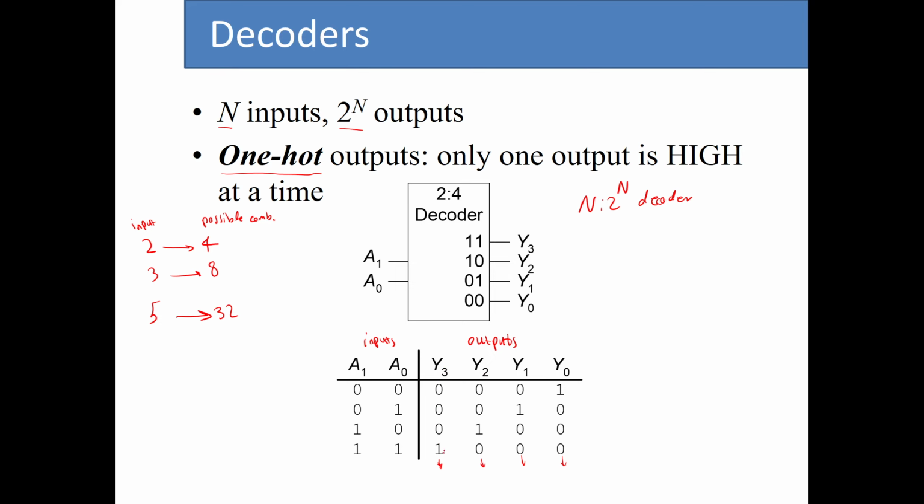So for example, for this one, the minterm associated with this row is 1, so that means Y3 equals A1 A0, the AND of the 2. What about Y2? Y2 equals A1 A0 bar.